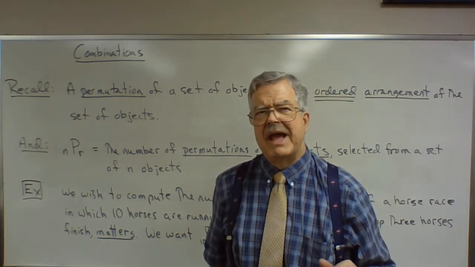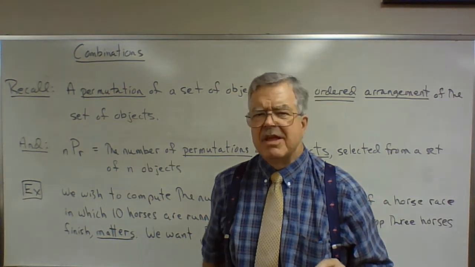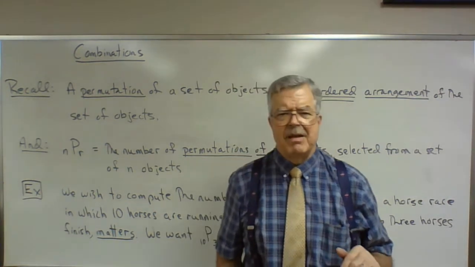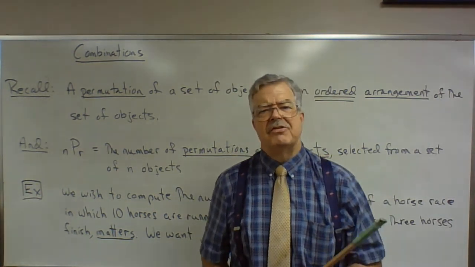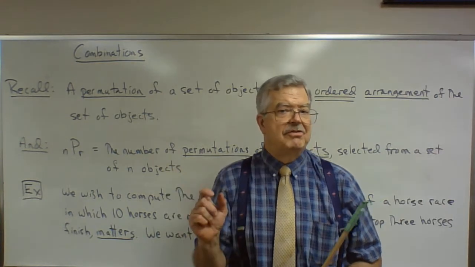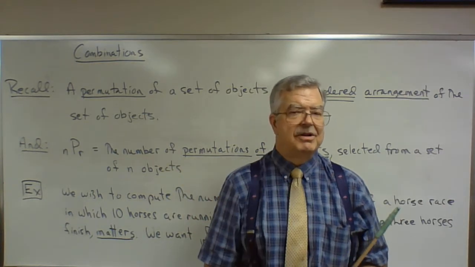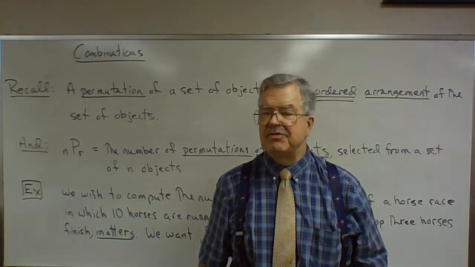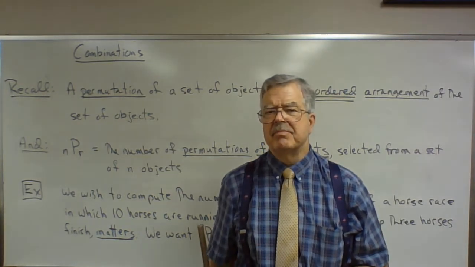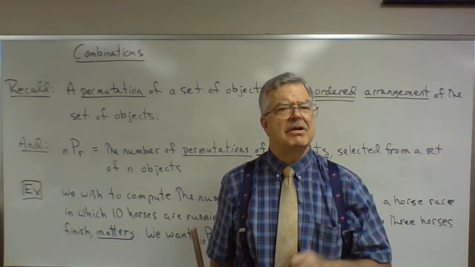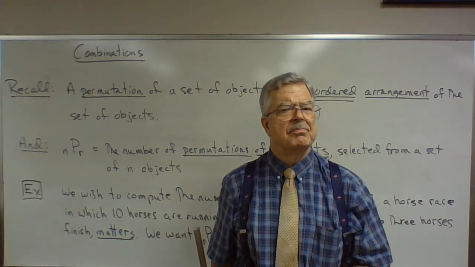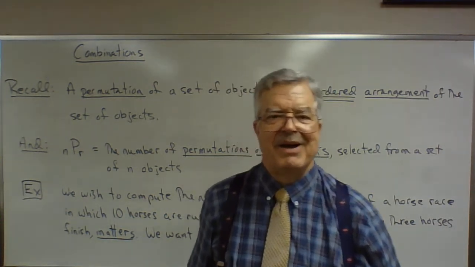How would we do that? And is there a classic example where we select R objects from a set of N objects and the order of selection doesn't matter? What do you think? Is there a classic example? We'll find out in just a minute.